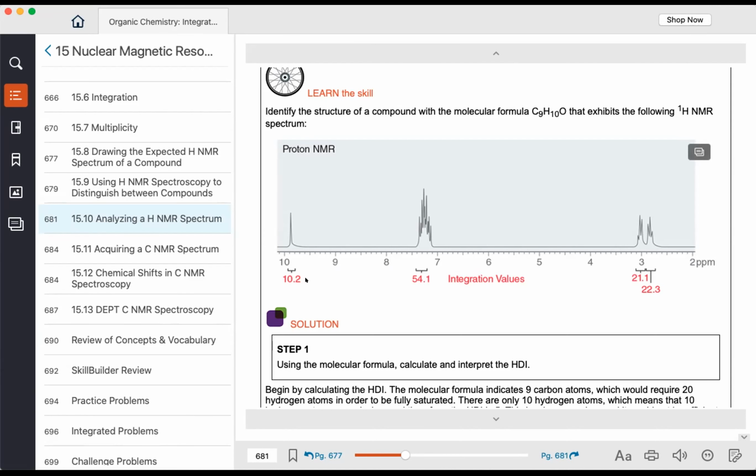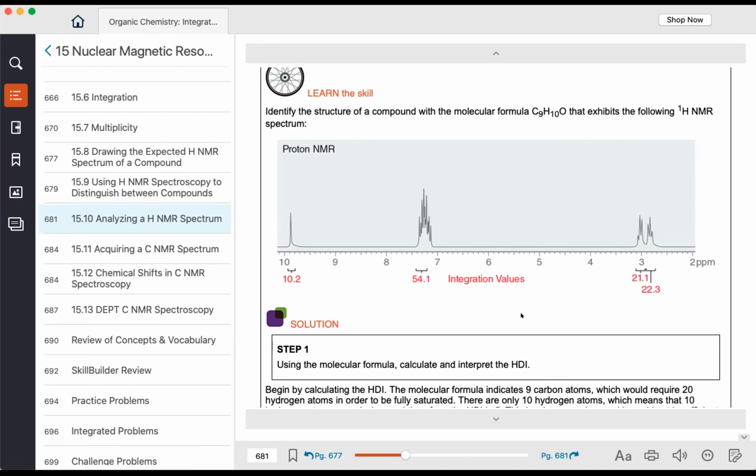Here it's 10. So that would mean that this is actually 1, around 5.1, and around 2.1. So you can round those numbers to 5, and both of these being 2. And you know that there should be 1 proton, 5 protons, 2, and 2, for a total of 10. And the good news is we should have 10 protons.